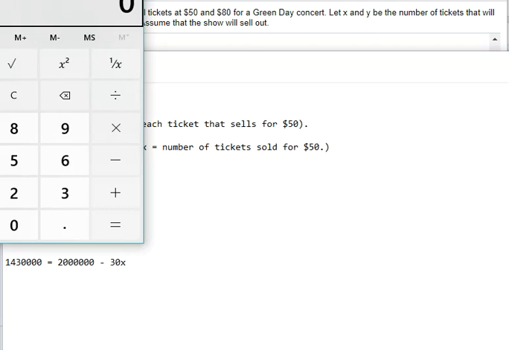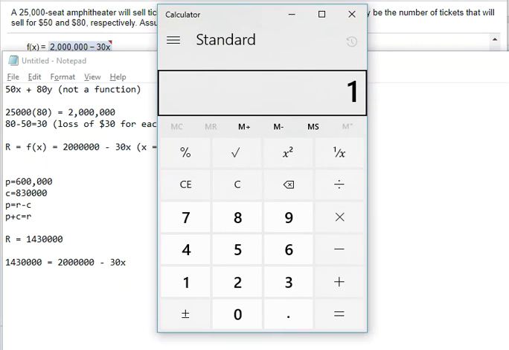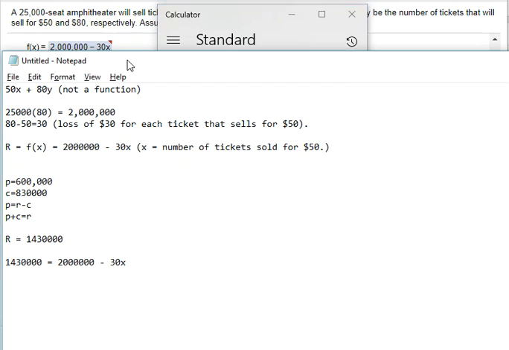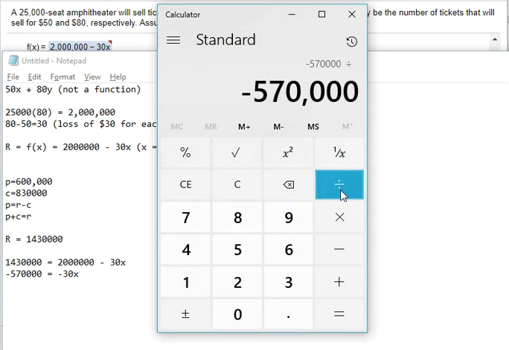I need to take 1,430,000 minus 2 million, which gives me negative 570,000 equals my negative 30x, and then I would divide both sides by negative 30 to get x. When I divide by negative 30, I get 19,000.